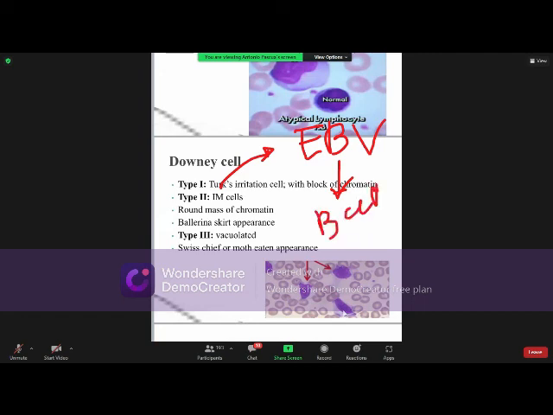So, pag sinabi nating type 2 Downey cells, this will refer to T cells that will react against B cells because your B cells are infected with Epstein-Barr. Nakuha ba yun?